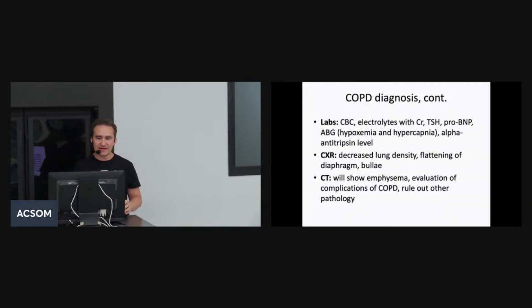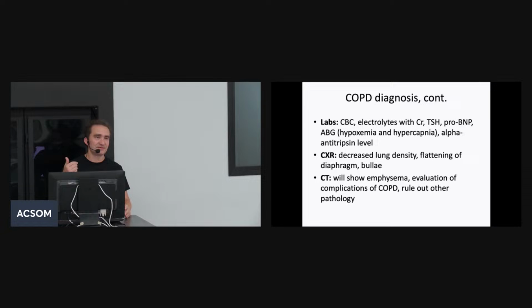So these are the labs you will do. What's going to happen to hemoglobin with COPD? Will hemoglobin be normal, higher or lower? It can be normal. It can be low if somebody has other problems, like iron deficiency or some other chronic problems.